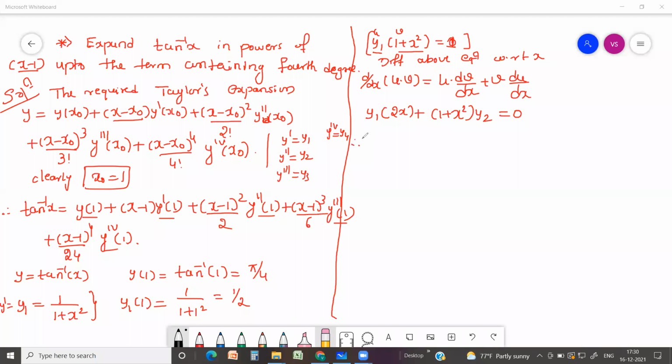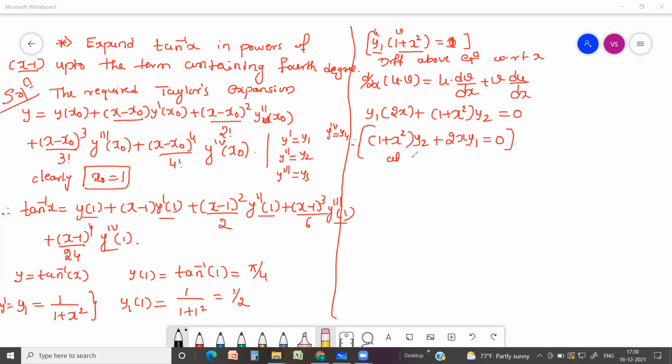Therefore, I'll just rewrite, because I have to differentiate this statement further. So I'll simplify, then go for the further things. So it is (1 plus x square) into y2 plus 2x y1, because 2x into y1, that is equal to 0.